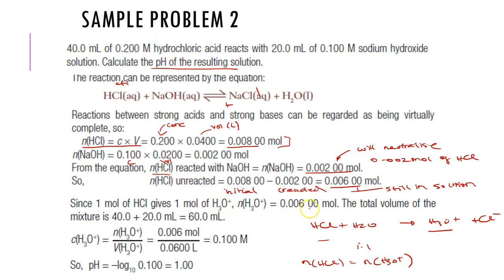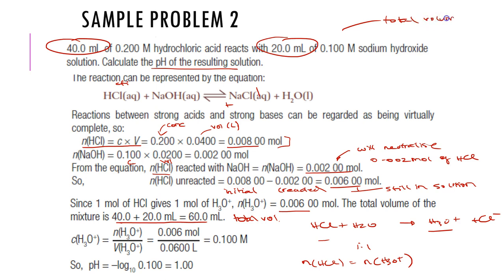So if I can work out the concentration of HCl in my solution, I'll know the concentration of H+. This means I had 0.006 mole of H+, but now I'm looking at the total volume of the solution because we added 40 milliliters with 20 milliliters. The total volume of the final solution is going to equal 60 milliliters, or 0.06 liters.